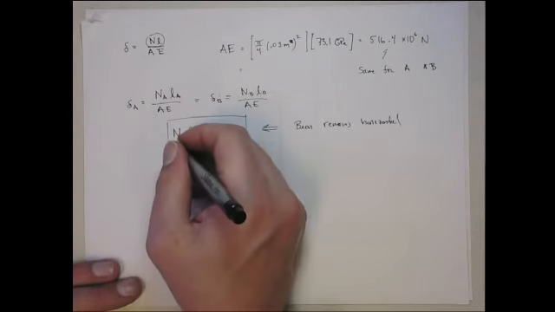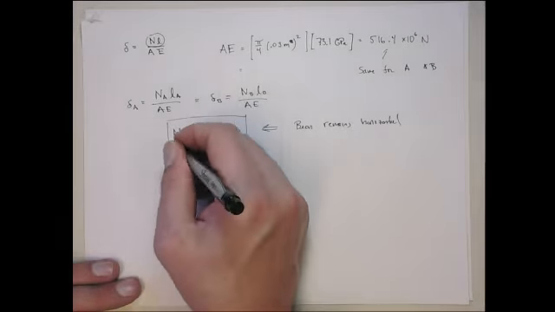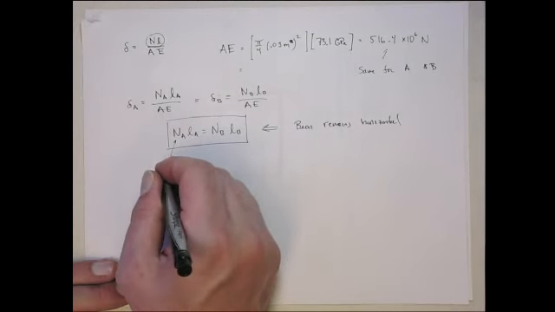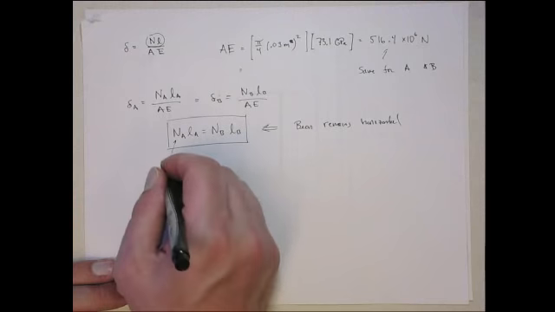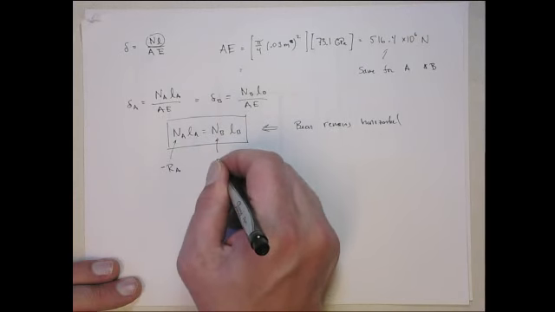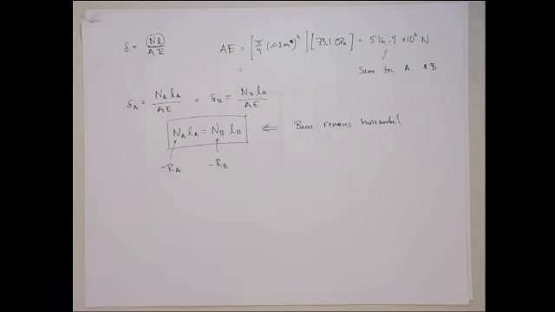Now the reaction in A is going to be negative RA, and this one is negative RB, just to be careful with the signs. In this case it doesn't matter, because they're the same signs. If you put them as positive, you get the same answer. But let's put them as negative. The negatives cancel out anyway.